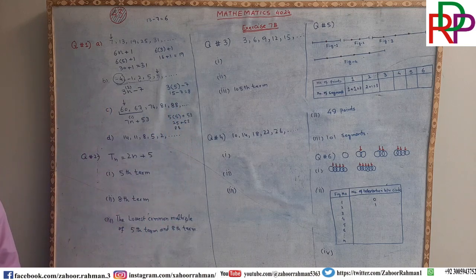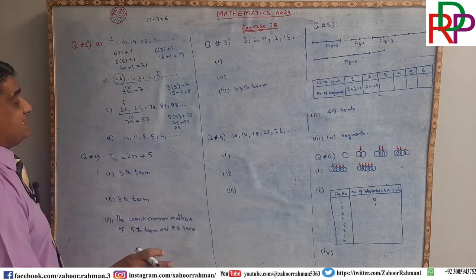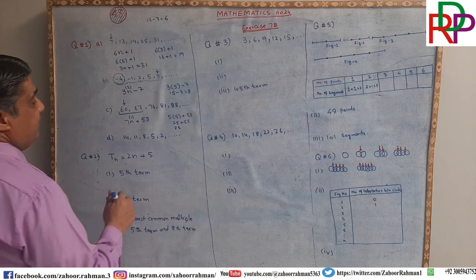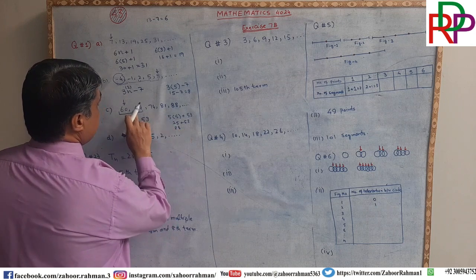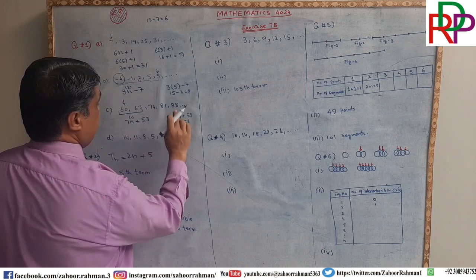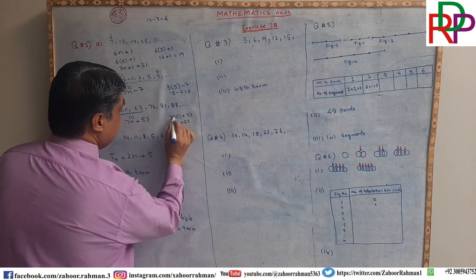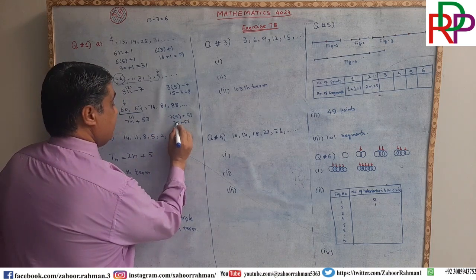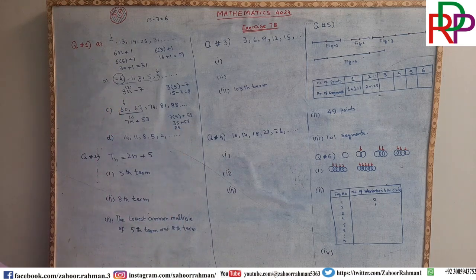Is it 81? Let me check: 60, 67, 74, 81. There are 1, 2, 3, 4, 5 terms, and this is 7, not 5. That is why we are getting 35. 7 fives are 35. So this is 81.